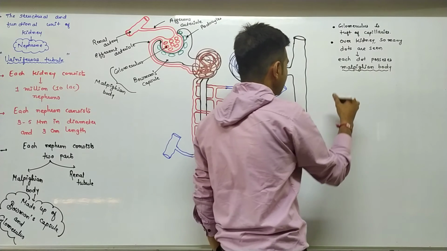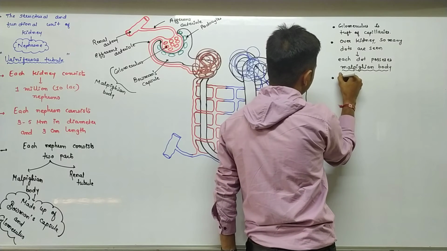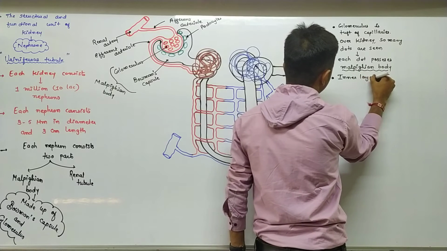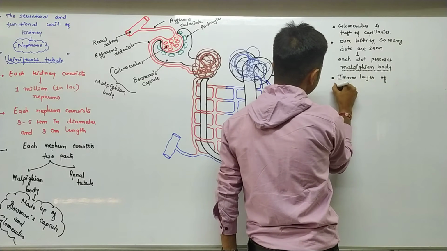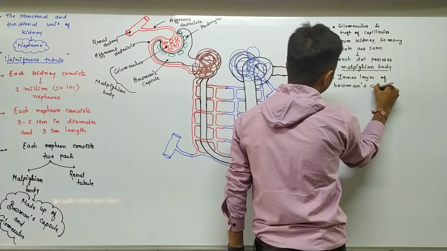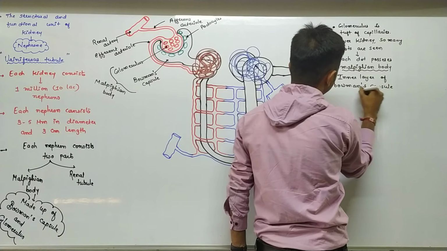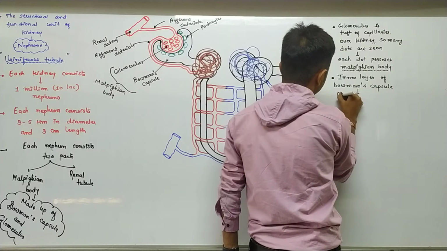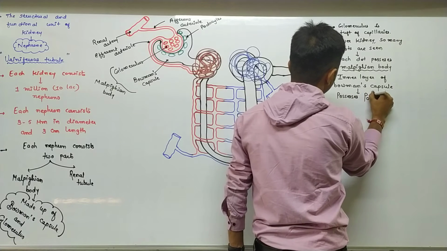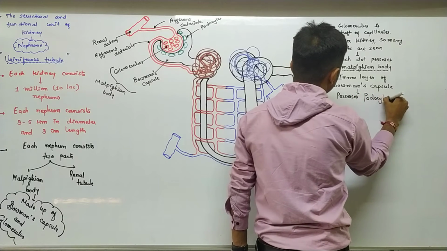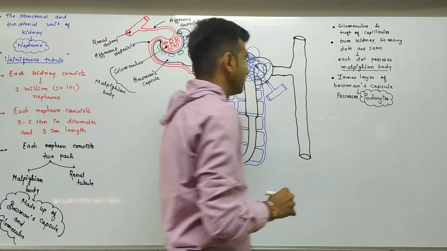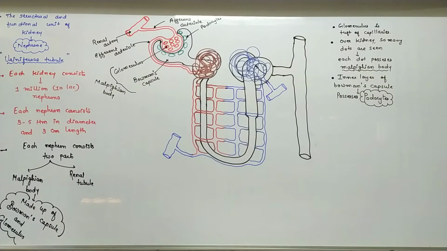Okay, so the inner layer of Bowman's capsule possesses podocytes.